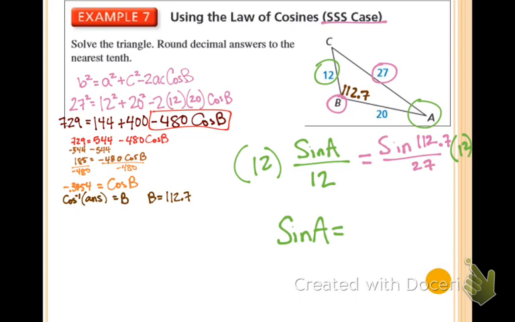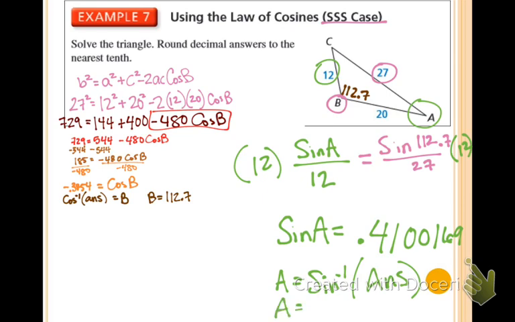.4100, yada yada yada. How do we get A by itself? Shift button of your last answer.